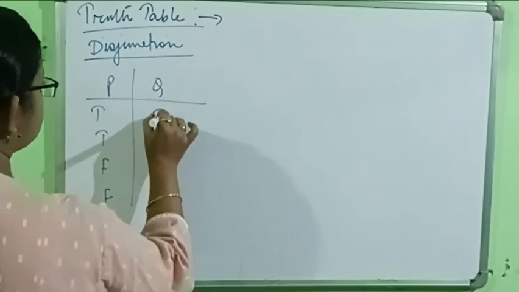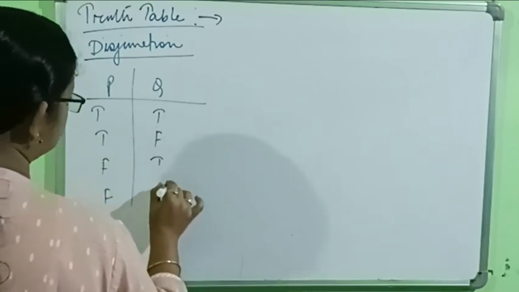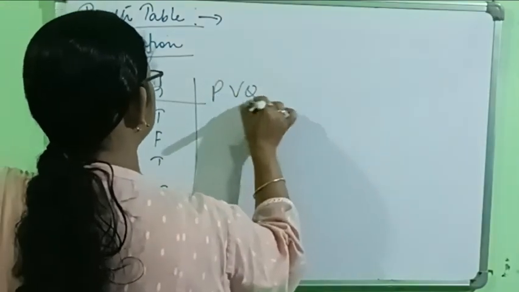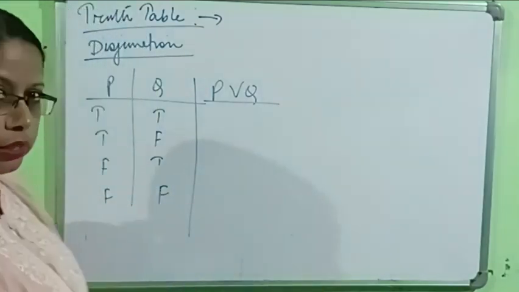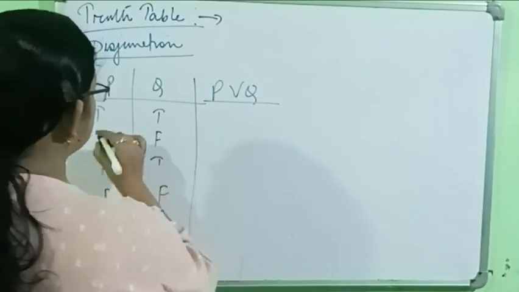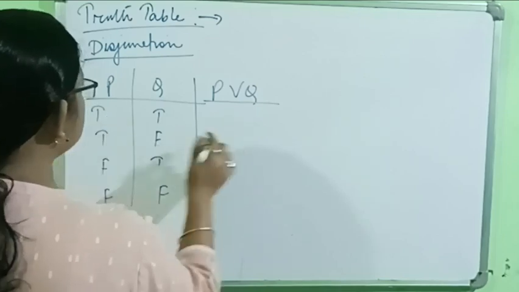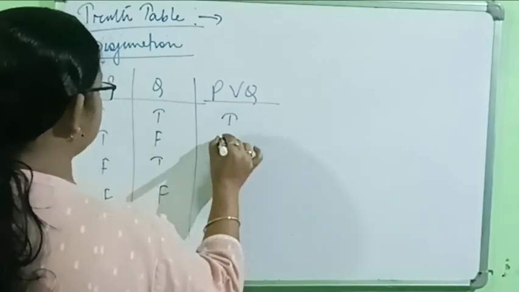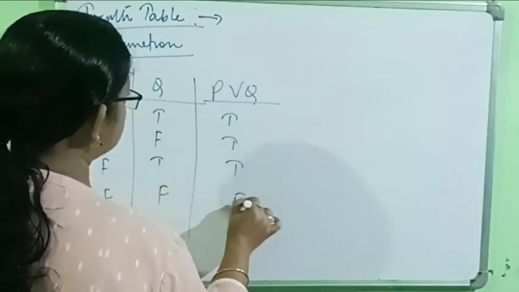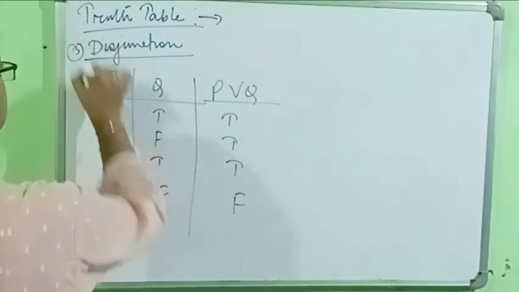Here true, false alternately, true, false. So disjunction is this one. You should go through the disjunction lecture. You will get it. So the truth table for this one is true, true, true, false. That is 3.